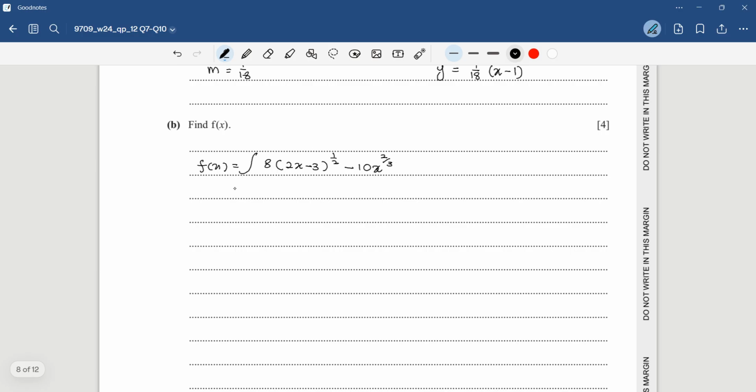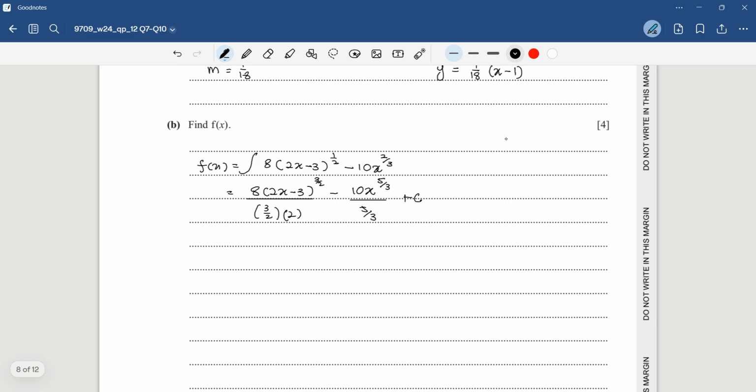So to integrate this, it will be 8(2x minus 3), 1 over 3 plus 1 is 4 over 3, divided with 4 over 3 times 2, minus 10x, 2 over 3 plus 1 will be 5 over 3, over 5 over 3, plus c.